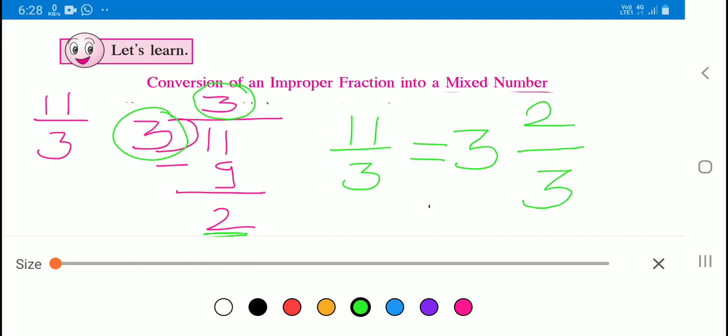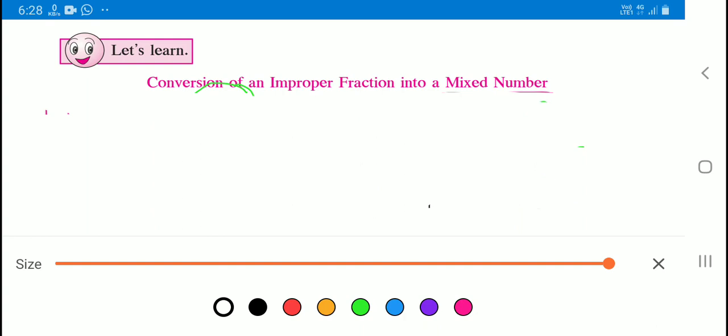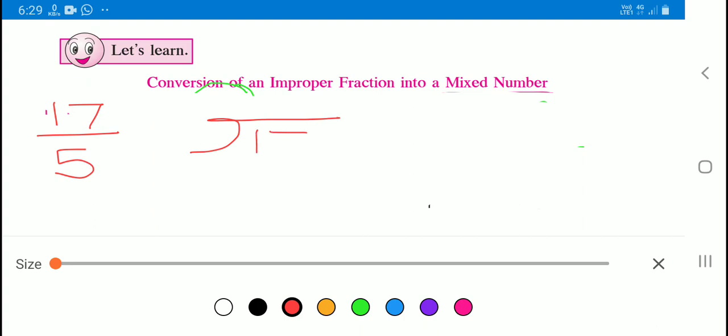We'll convert this number into mixed number. So I will take another example. Again I have to make place here. Now next fraction I will take, that is 17 upon 5. Now this fraction we will convert into mixed number. So again the same procedure you have to do. 17, 5.